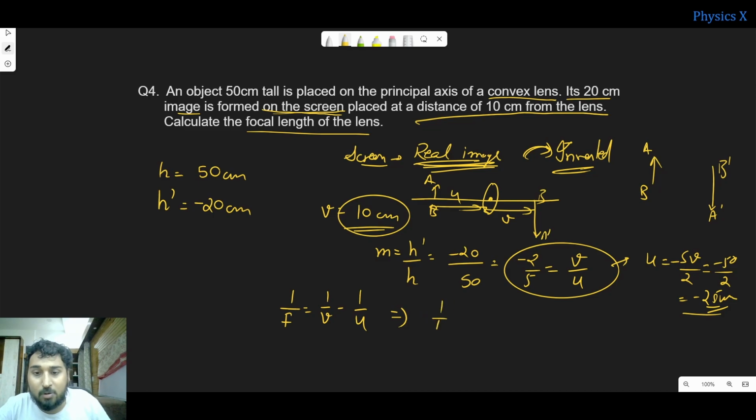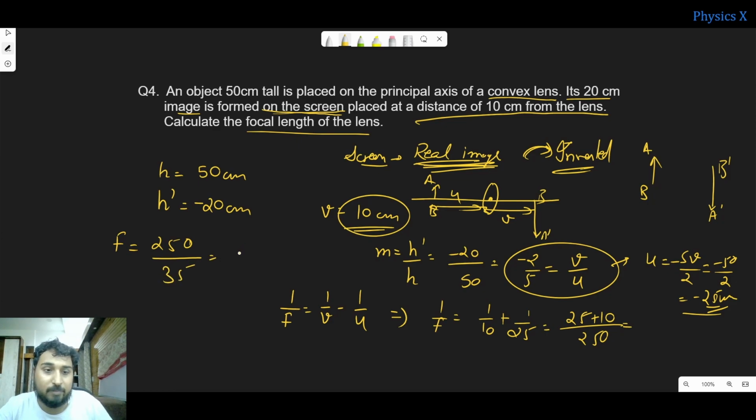Now we just need to put the values. So v is what? 1 by 10 minus u is what? Minus 25. So minus minus becomes plus, right? So this is what? 25 plus 10 upon 250. So if I find the focal length, this will get reversed. So the reciprocal of this we will be taking, and this will be 250 by 35. So this will be 50 upon 7.